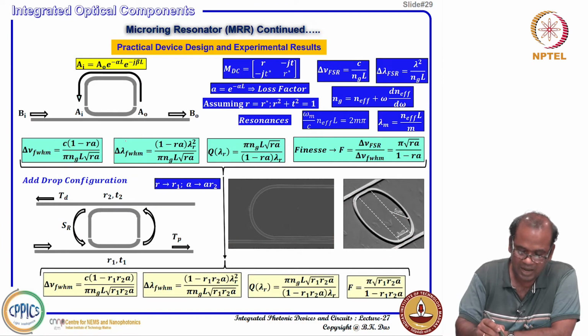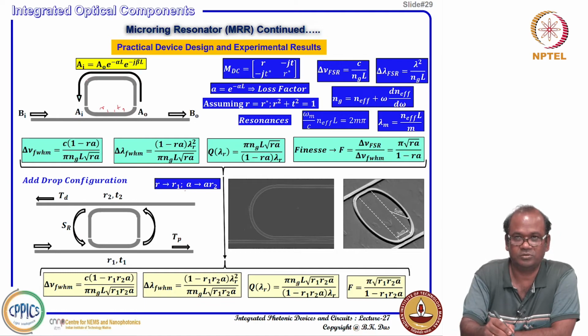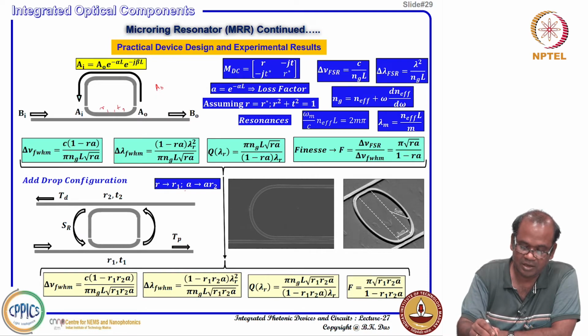What do you do? Earlier you have R1 and T1 here. That is why you are getting R1 and A everywhere, but what is A? A is the round trip loss. If the round trip loss is A, that means AI by AO equal to e to the power minus alpha L, if I just forget about the phase.